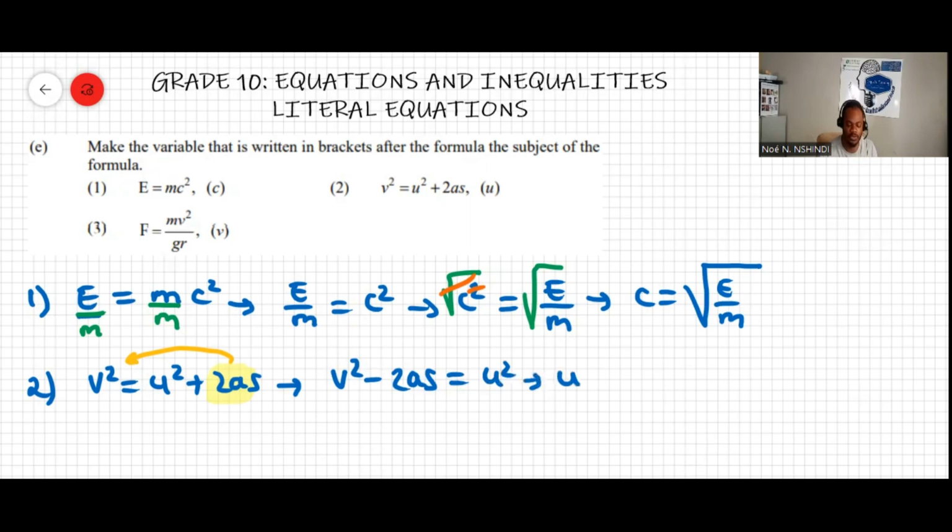In other words, U squared equal to V squared minus 2AS. So therefore, U will be square root of V squared minus 2AS. Actually, we put the plus minus here and then plus minus there.